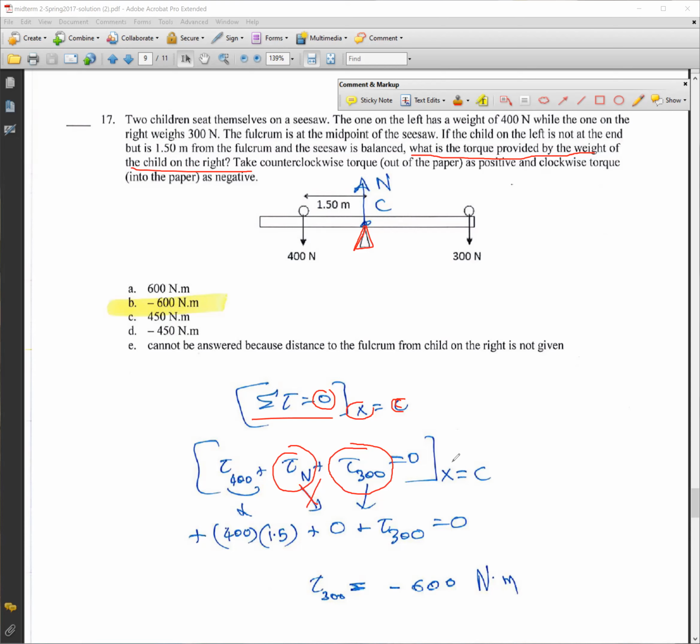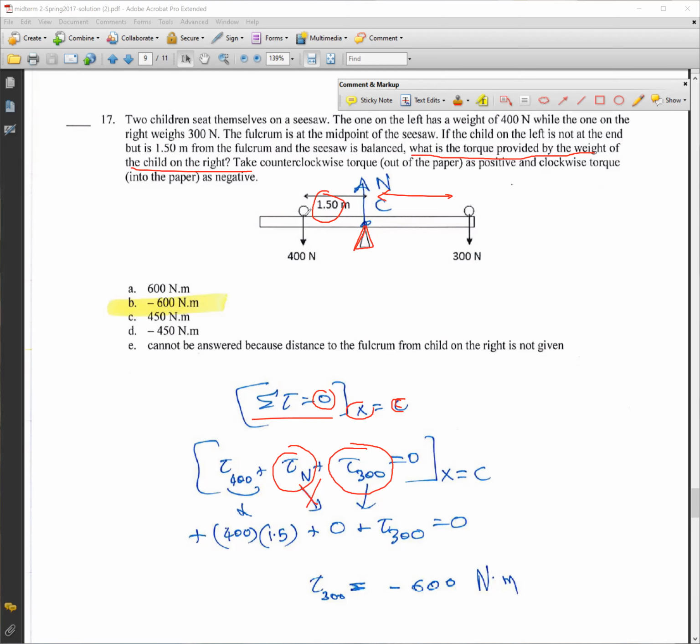In this case, we're not provided with the distance at which the child on the right is sitting, but I want to calculate the torque that this child is applying, given the 1.5 meters for the child on the left. So that means what? First, let's not forget the directions.